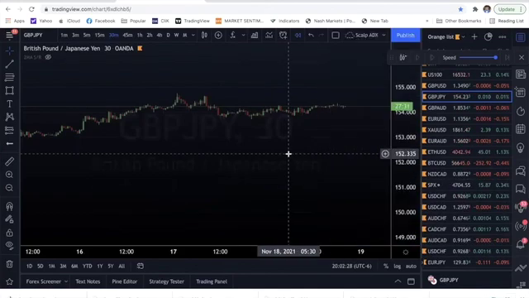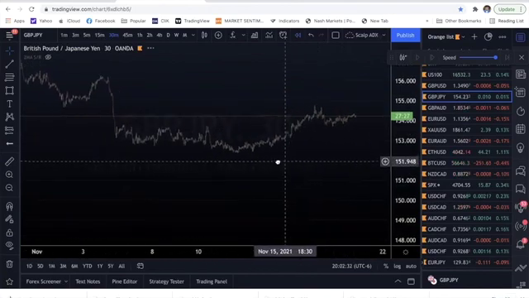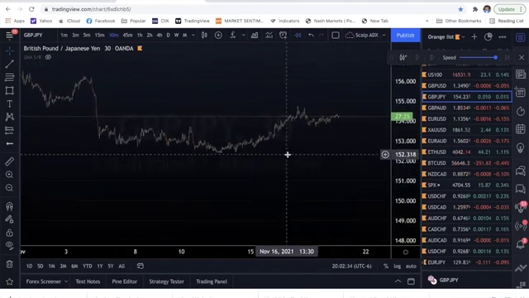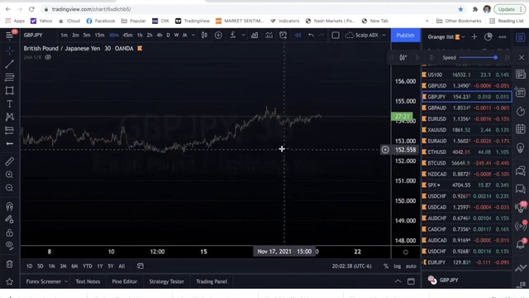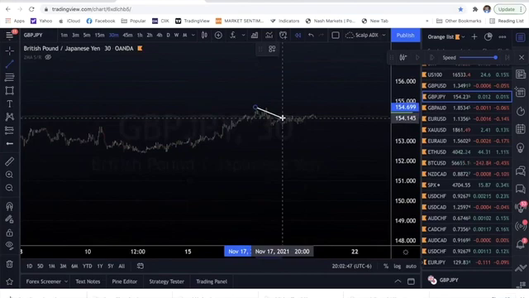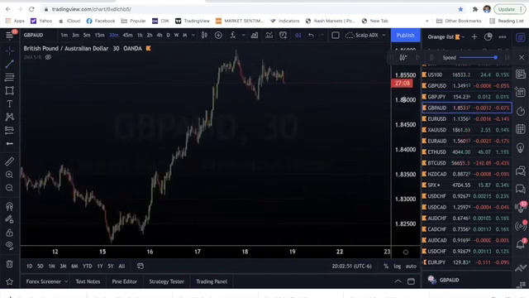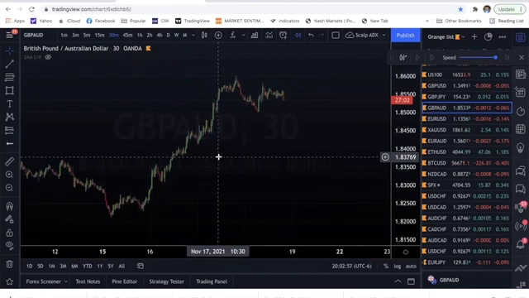I don't know where it's at, but anyway, you can separate the sessions, but as you can see right here, it was down for the day. Okay, it was down for the day. GBP AUD. Now this one was up for the day. Okay.